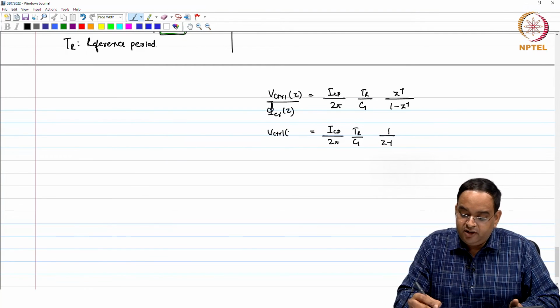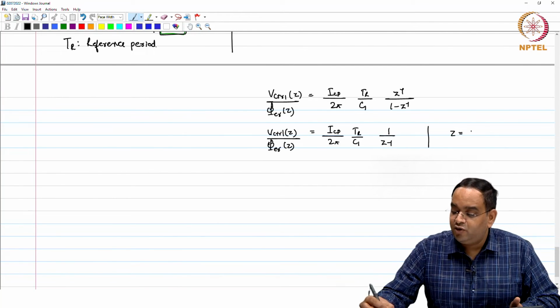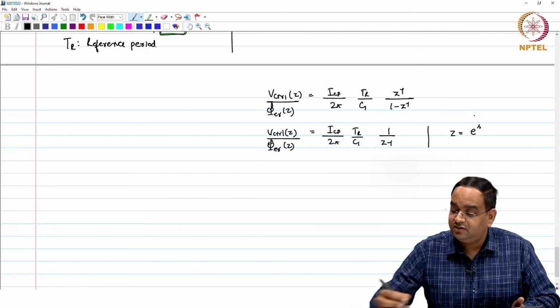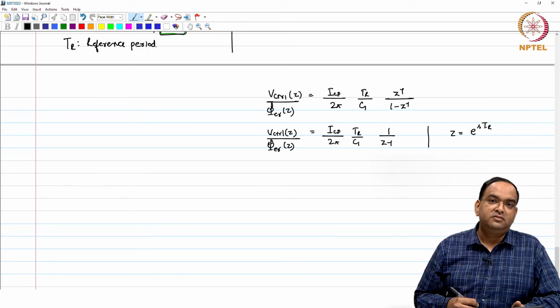So, V control of Z by phi error of Z. Here Z is equal to e power sTR.